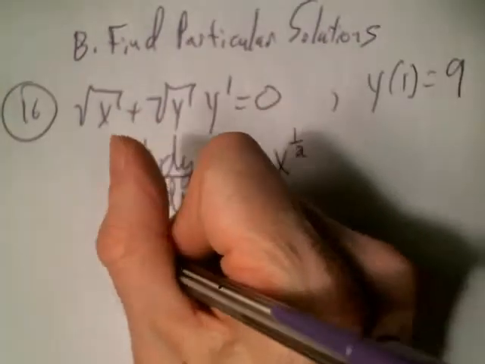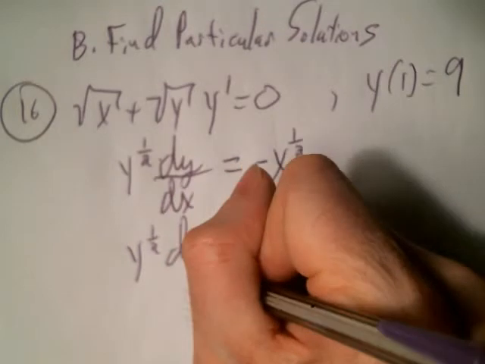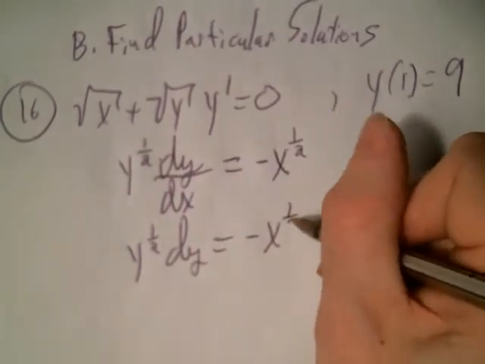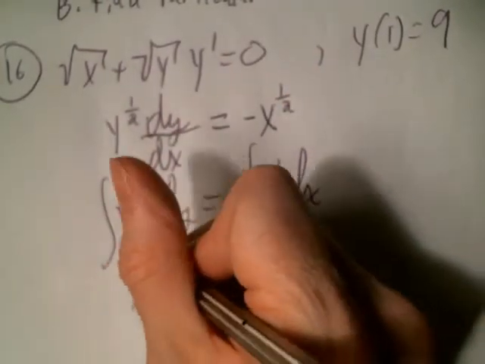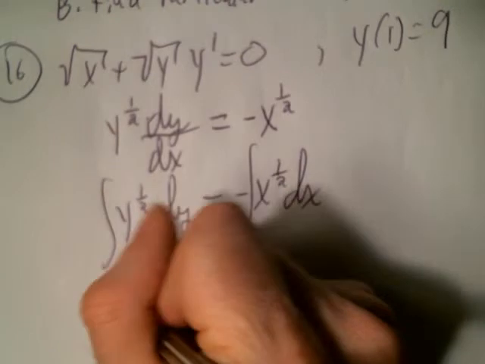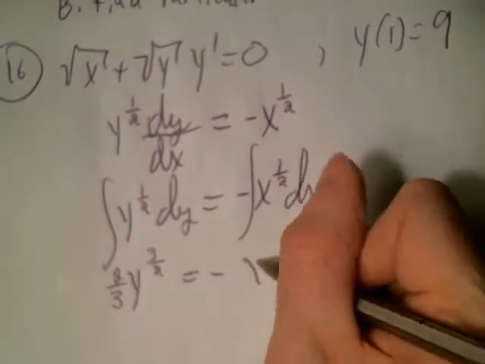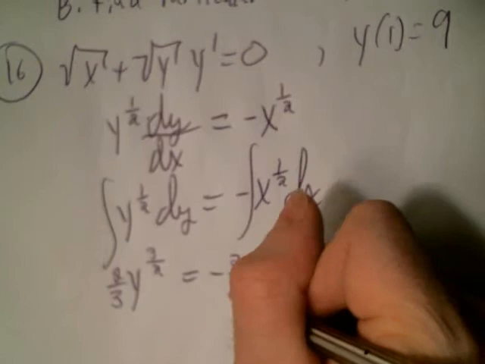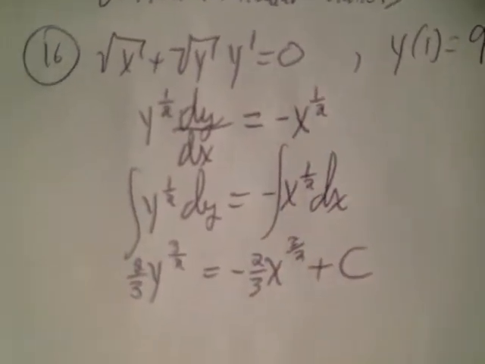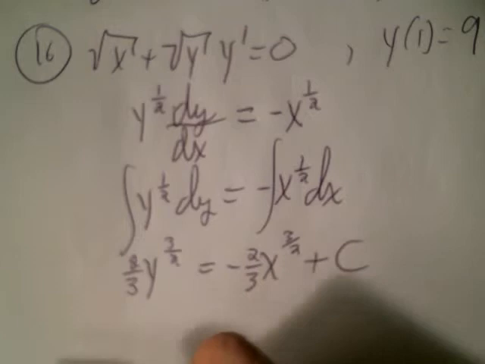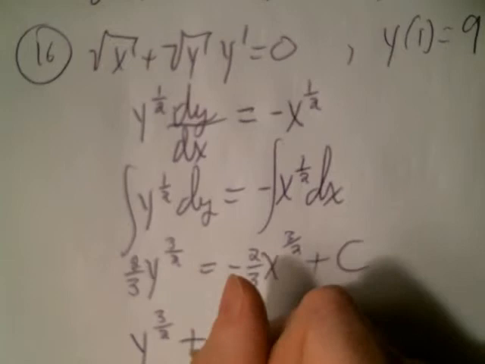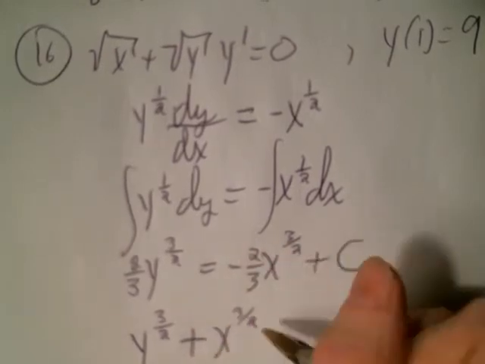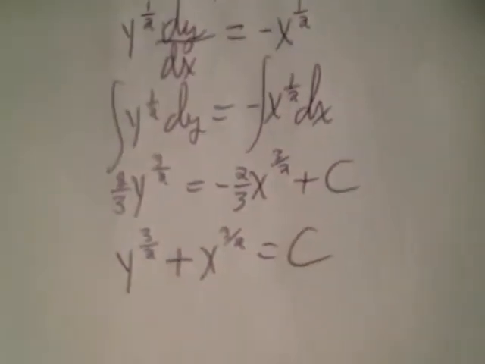Separate, get that dx to the other side, and then integrate. If you want to clean it up a bit, that's fine. So I'll move this over, multiply by 3/2. It'd probably been better to put the x first. But there's my general solution.